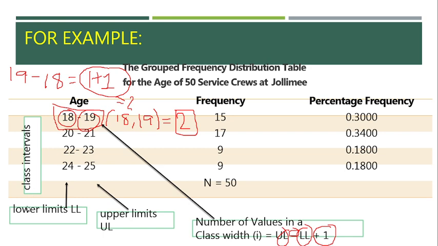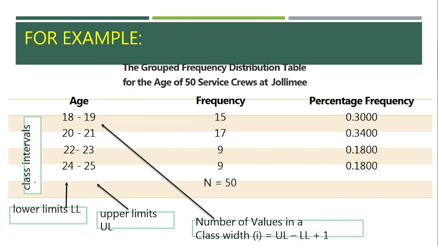So with that said, those are the basic things in order for you to be able to make a grouped frequency distribution table. So we have the column headers, no? The frequencies, percentage frequency. Same concept, just like what we had a while ago. So how many people do you have in your raw data from the 50 service crews? There are 15 persons. Okay po, so the same goes for the next class intervals.